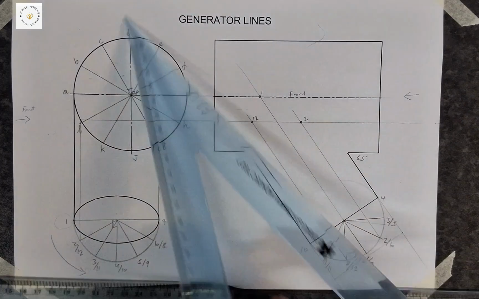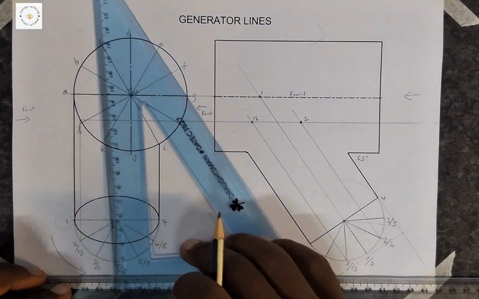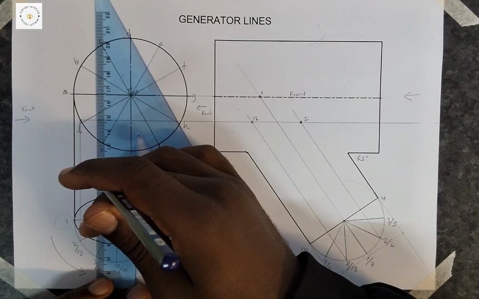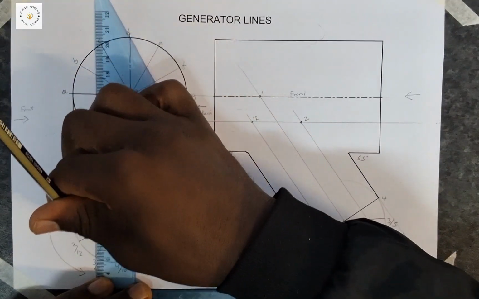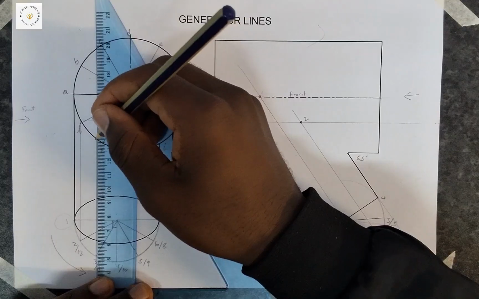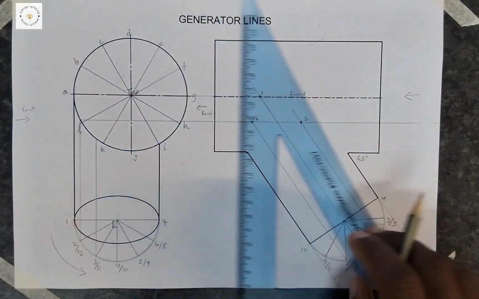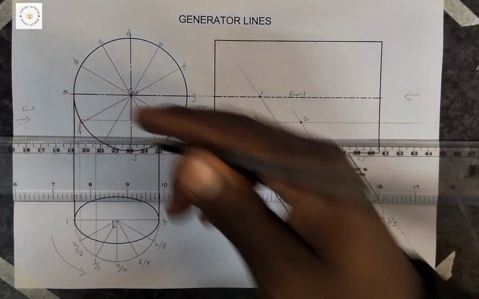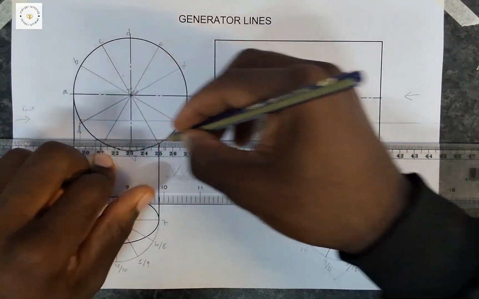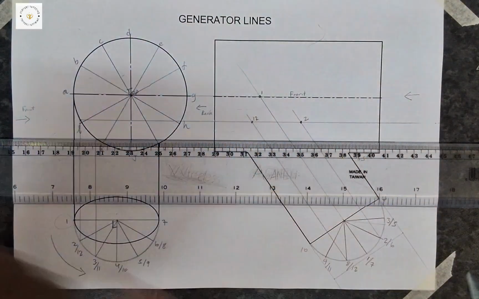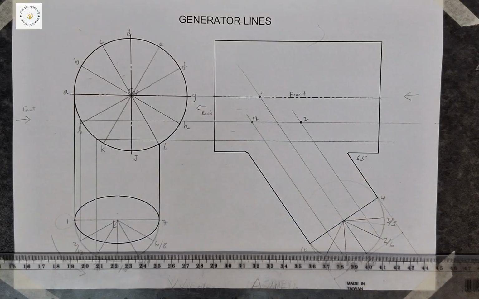Very fast. Again, it's top always, top then front. Remember, I'm going to stop there because that's where I see the curve. That's what I'm interested in. And then I project it up, all the way up. I don't know where it meets, so I'm going to project it all the way up.